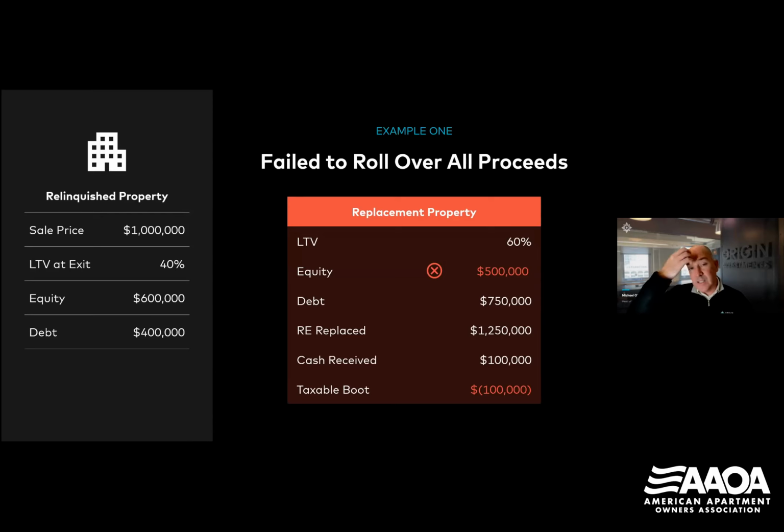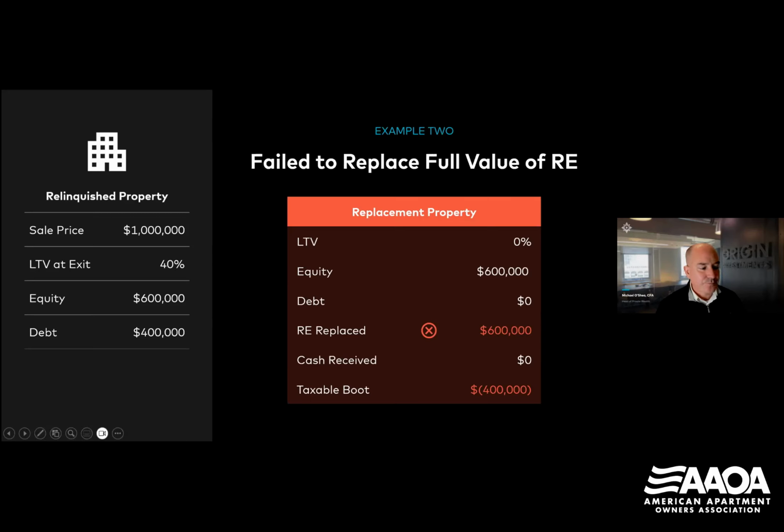We'll give you a $750,000 loan." You do the math and think, "Awesome, I only have to put in 500K to buy this building." You sold for 1 million and replaced it with 1.25, so you think you're golden. But because you didn't put in all of your cash, in other words, you put in 500 of the 600,000, this creates what's called cash boot. And this would be a taxable situation.